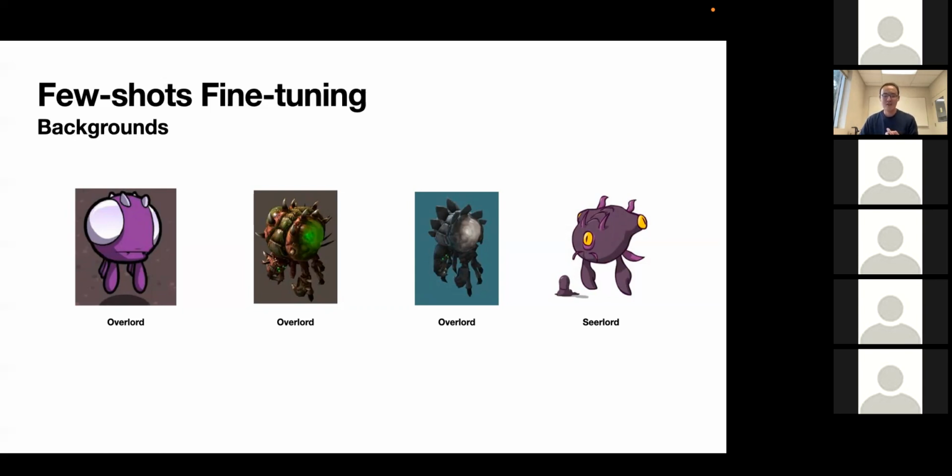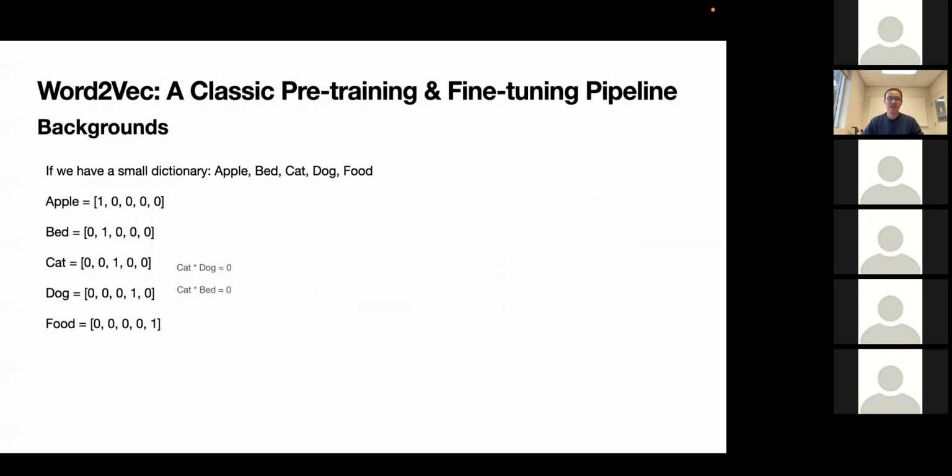Humans are really good at one-shot or few-shot training, but models find it quite hard. And there is a very classic pre-training and fine-tuning pipeline I want to introduce. This is the classic algorithm in NLP. It's called Word2Vec, which stands for Word to Vector.